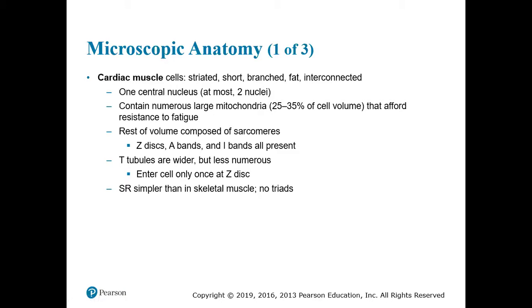They have to. 23 to 35% of cell volume. They don't say the why. They just say that it affords resistance to fatigue, because mitochondria are the cell's powerhouse, cranking out ATP because the heart keeps pumping. Something needs to power it, right? So it has to have mitochondria.